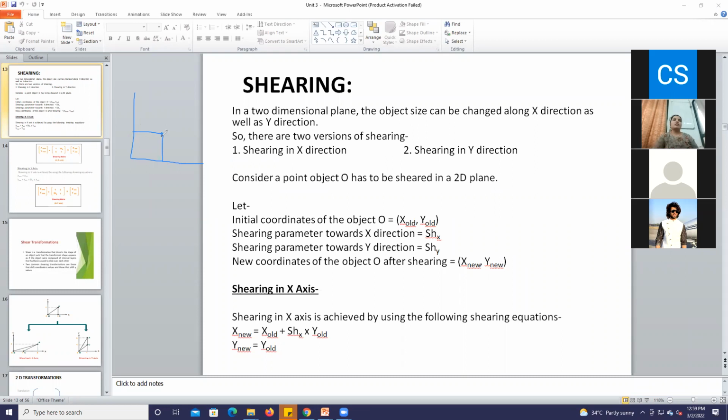As this square is of elastic material, this corner I am going to pull in this direction. So what is the output I will be getting? The corner is getting pulled and I will observe the change in this side like this. So the ultimate object after shearing will be like this.